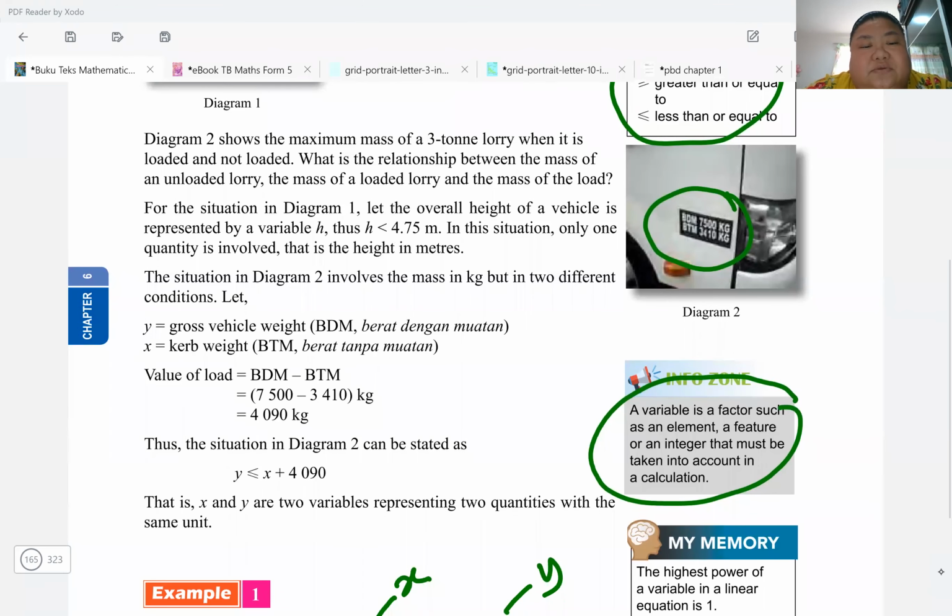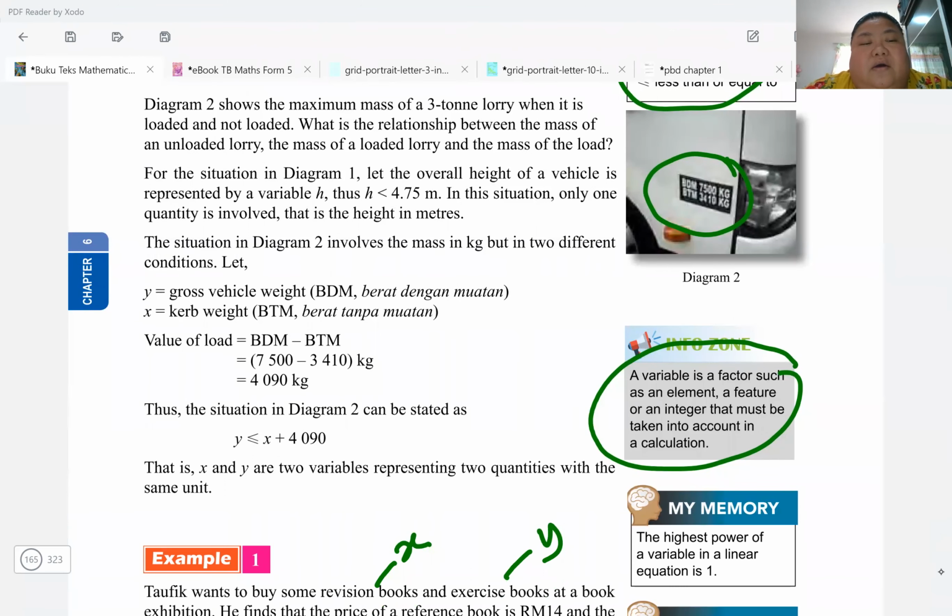In this situation, the gross vehicle weight must not exceed the curb weight plus the weight of the load.